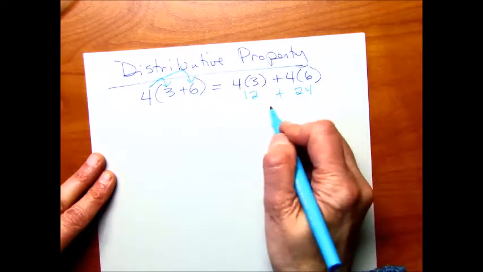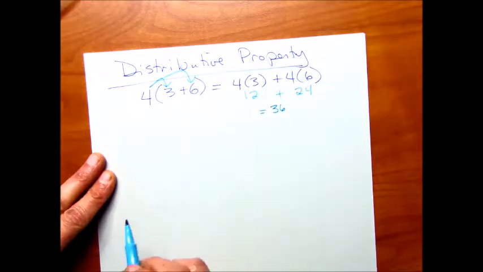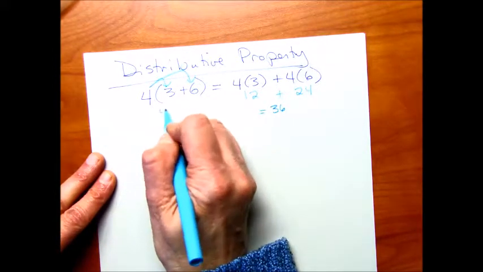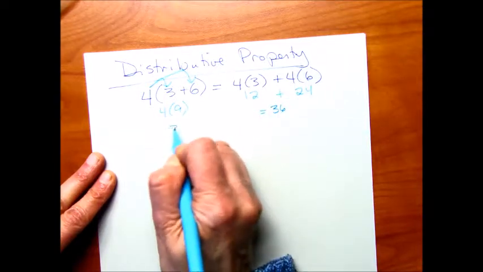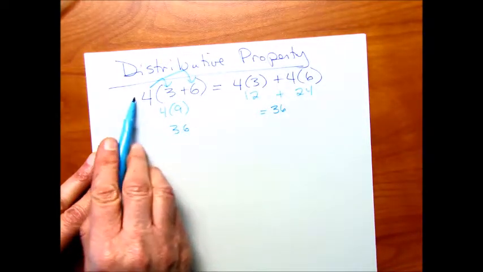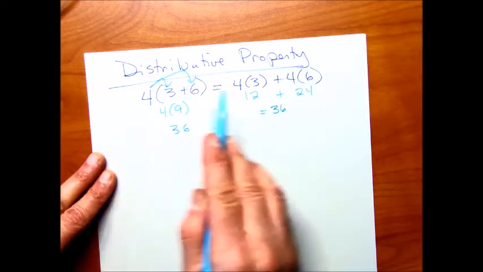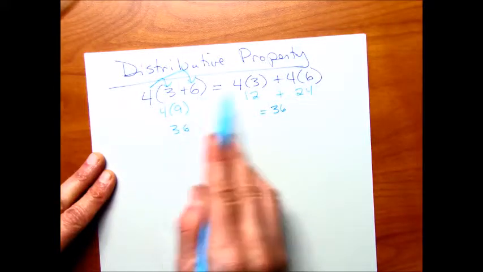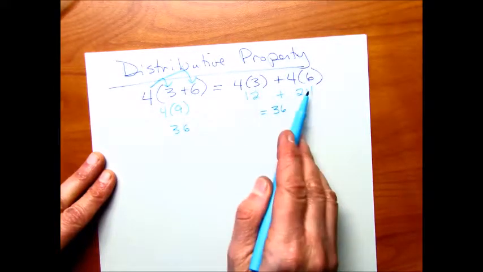This is going to equal 36. If we followed order of operations, this would be 9, so 4 times 9 is also 36. So you can see that this expression can be rewritten. You're getting rid of those parentheses, and then we can do some work.